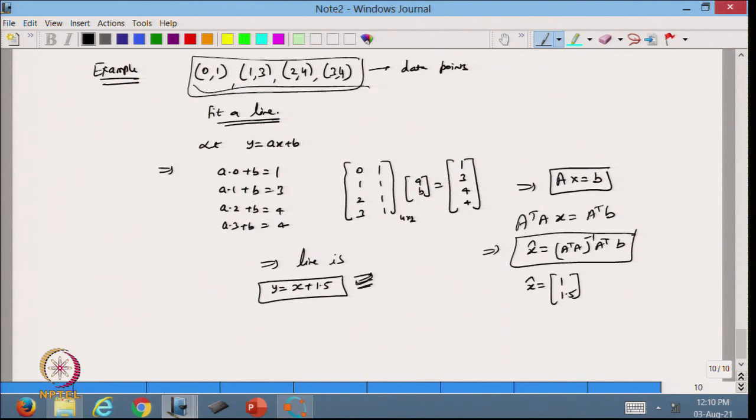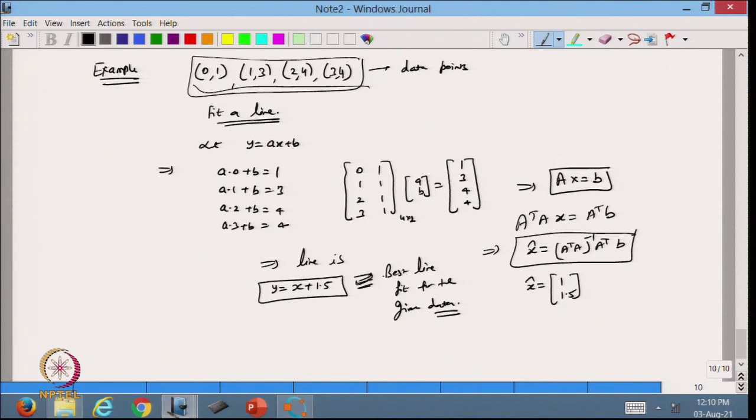So, I can say that this is the best line fit for the given data, and this is the way we can find out the solution of this type of least square problems.